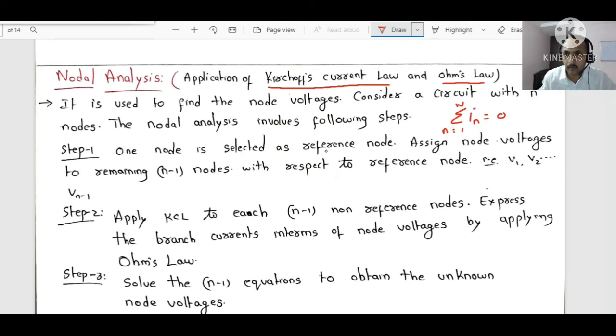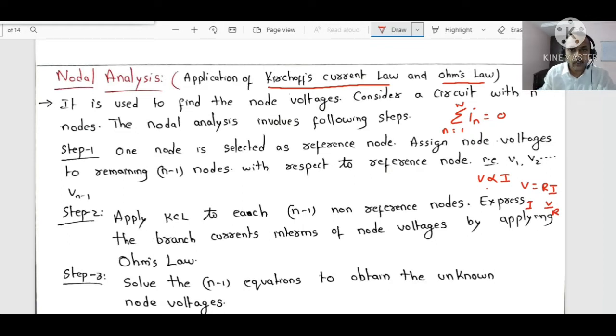That is one basic law we will follow. The other one is Ohm's law: V is directly proportional to I, and V equals RI. From this, if somebody asks you for current, then we will say V divided by R. These two basic laws are important to apply nodal analysis.